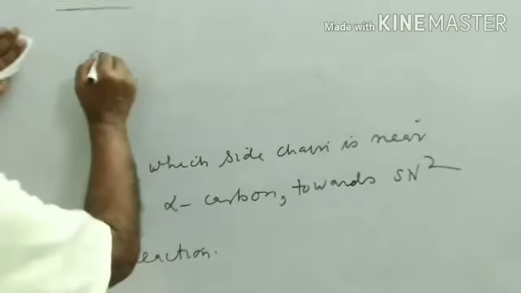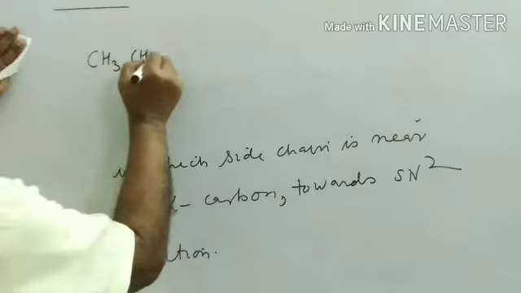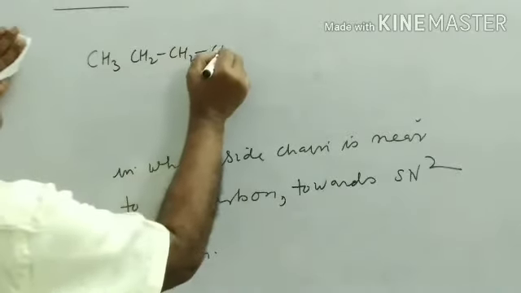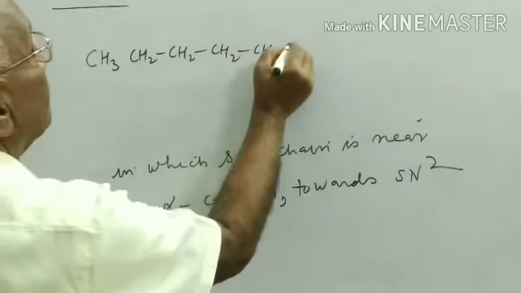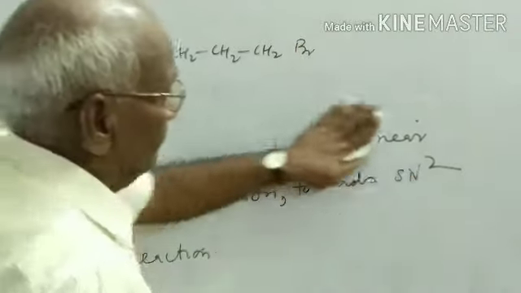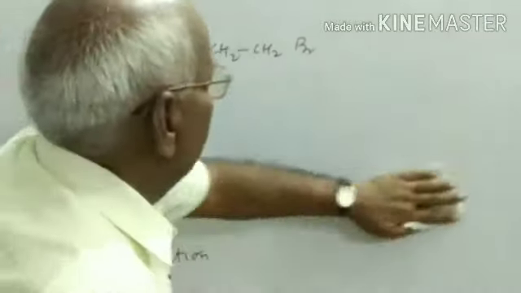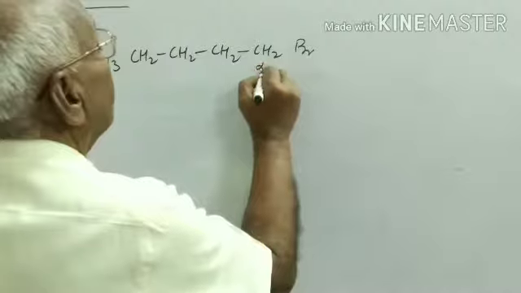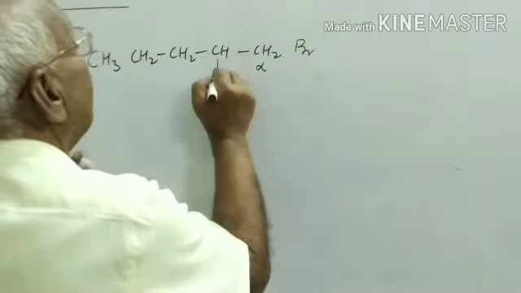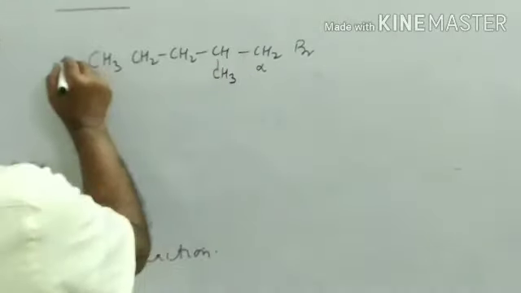For example, CH3, CH2, CH2, CH2, CH2Br. This is the alpha carbon. Keep one side chain here. This is one.